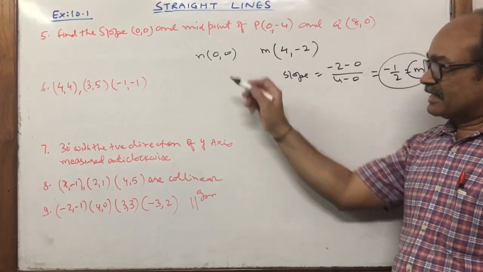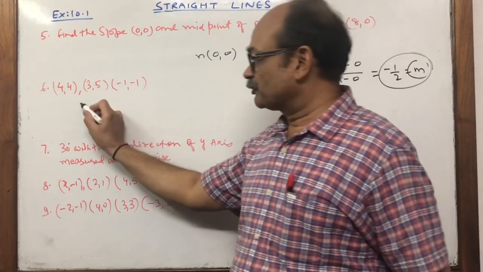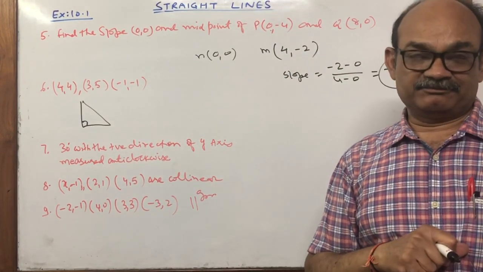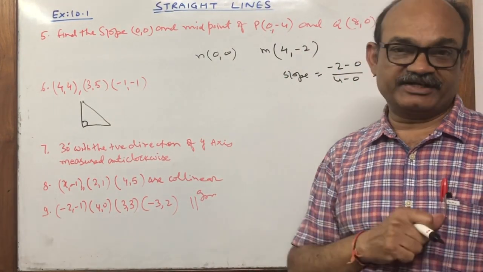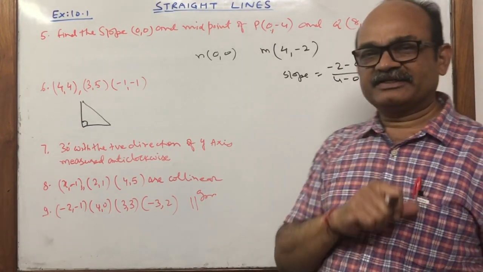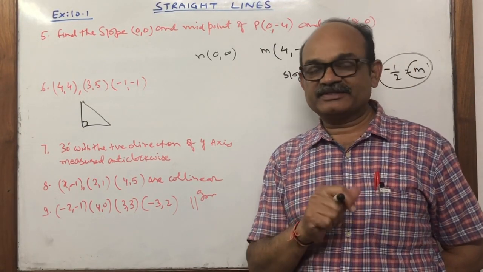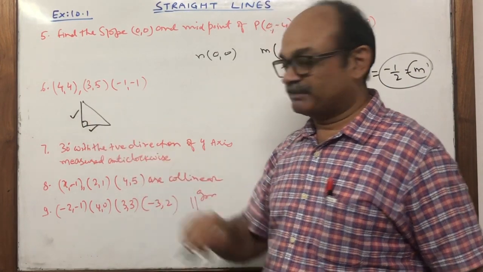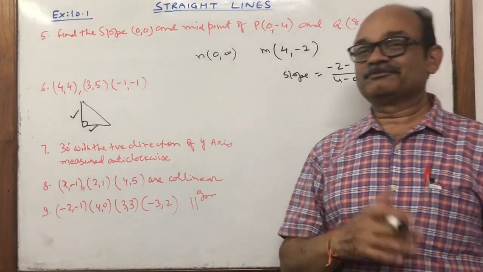Easy. Sum number 6: you have to prove that these three coordinates are of a right triangle. It means we are not using the distance formula of class 10th, we are using the concept of slope, that the product of the slope of the base and the slope of the perpendicular equals minus 1.